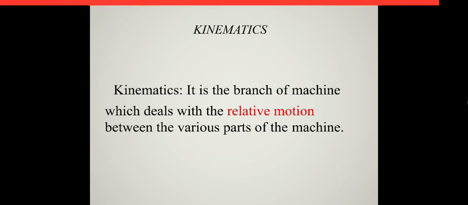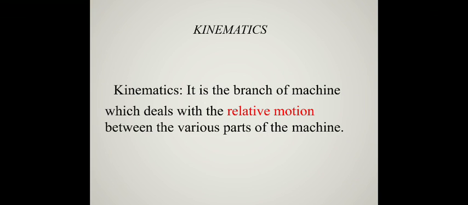Okay, so the first term is kinematics. What is kinematics? It is a branch of machine science which deals with the relative motion between various parts of a machine. In kinematics we are going to study only relative motion. We are not supposed to analyze which kind of force is applied on the mechanism or on the link.